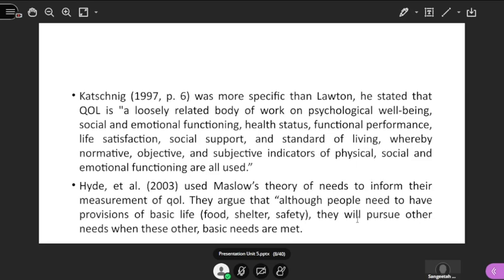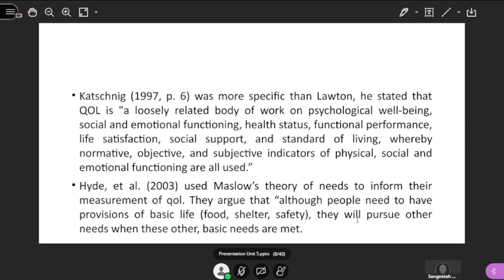So quality of life, I think one of you has defined it in the assignment. I forgot the name, I have written it in my copybook. The way she or he has written the assignment was lovely, in a good flow, taking the example of Maslow's theory of needs and going step by step, telling how from the basic need to self-actualization, what is needed, how the quality of life of the person could be enhanced when, for example, given food.